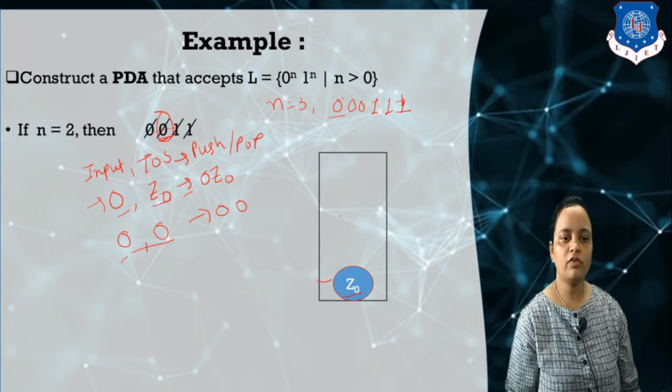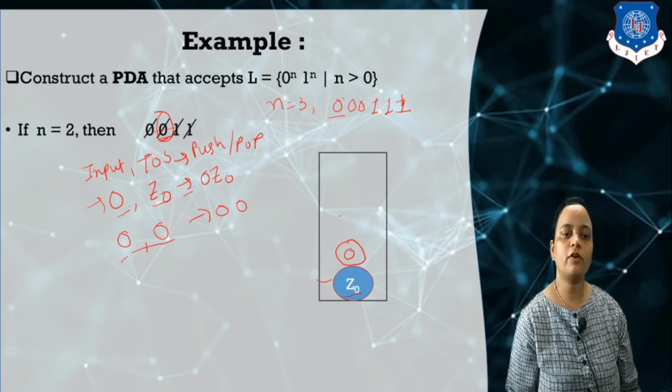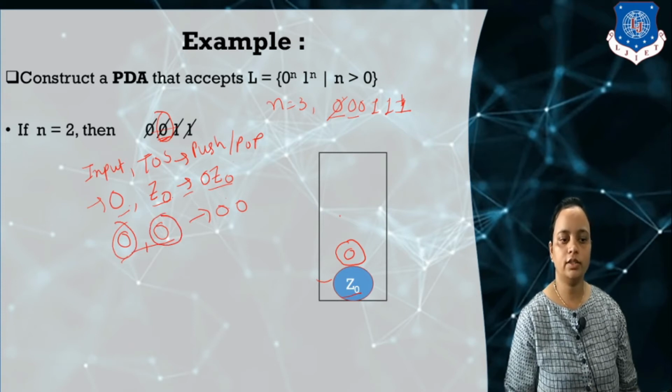What are we going to do? We have to insert this 0 symbol onto the stack. This is a push operation, so we write 0 Z0, the first two topmost symbols. Now the second 0 is being read. What is the input? 0. Now the topmost symbol is 0. What are we going to do? We insert this symbol onto the stack.